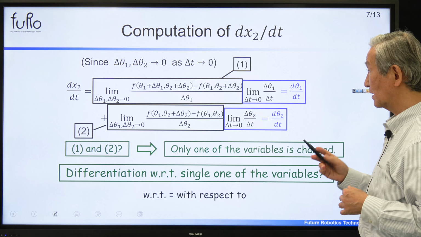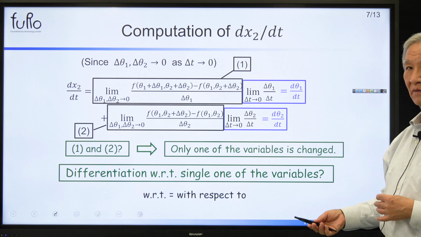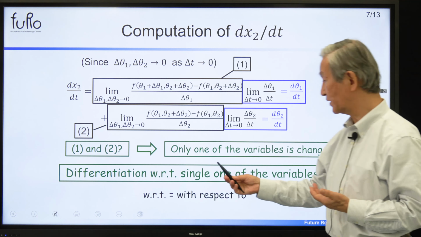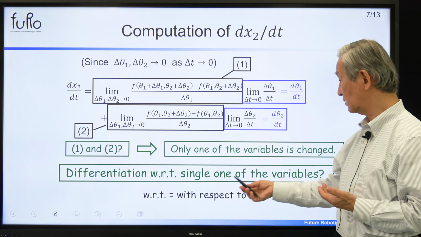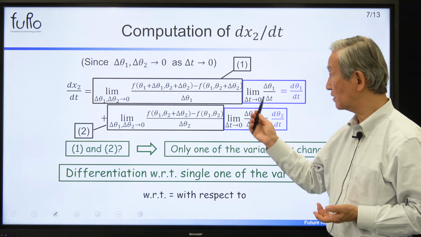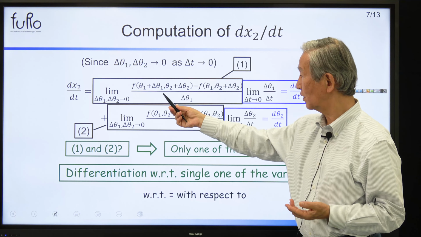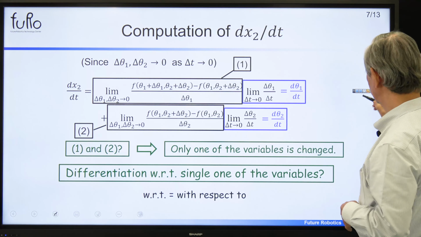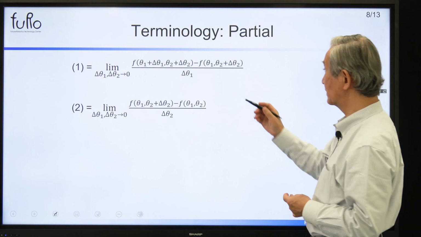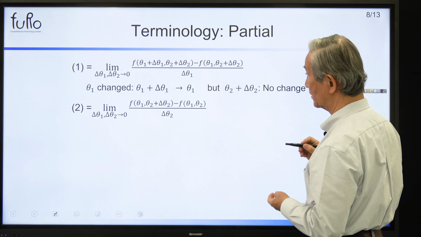So it's a differentiation. It's similar to what we know, but with respect to a single one of the variables. There are two variables, but here only theta 1, here only theta 2. So one of them is this, and two is this.